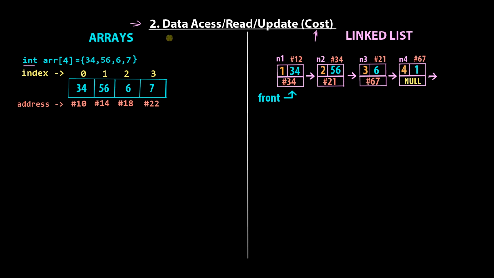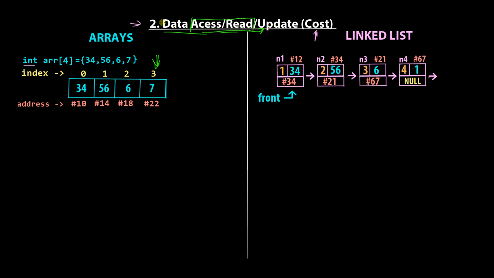So in this case, the operation is data access and data read, which is pretty much one and the same thing. So when you access one particular element in the array, you are basically reading it, right? So data access and read is pretty much the same. And once you access that element, let's assume you want to update it. So again, after accessing, you also can update it then and there. Hence the cost is obviously going to be the same for access, read and update.